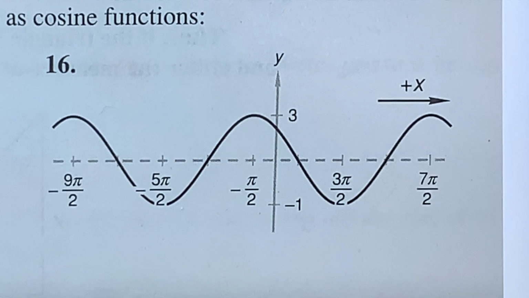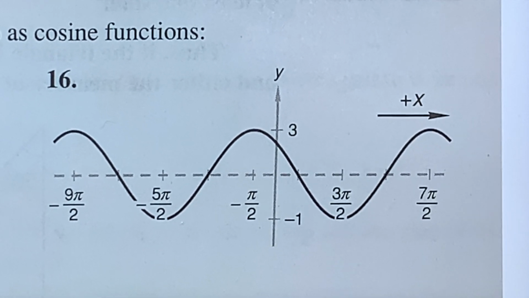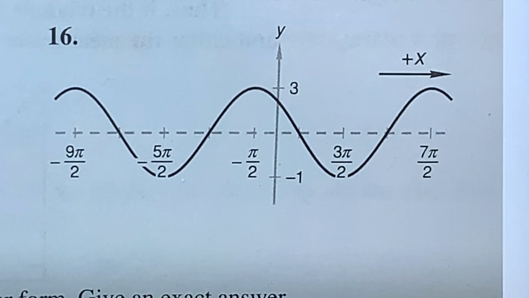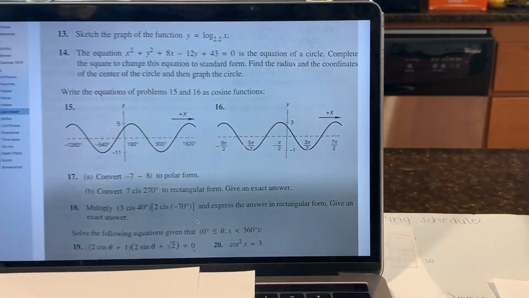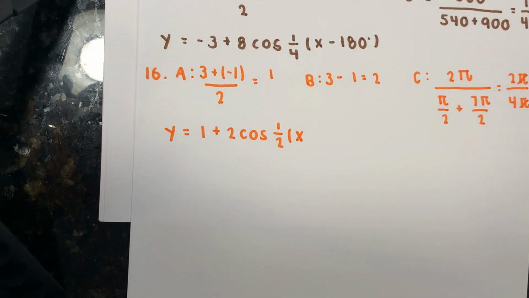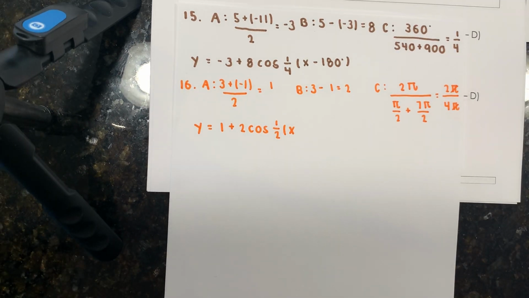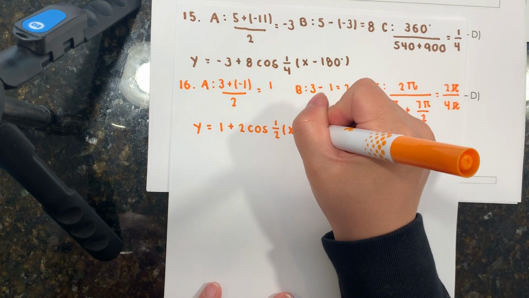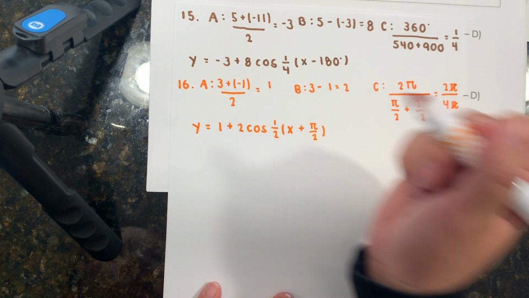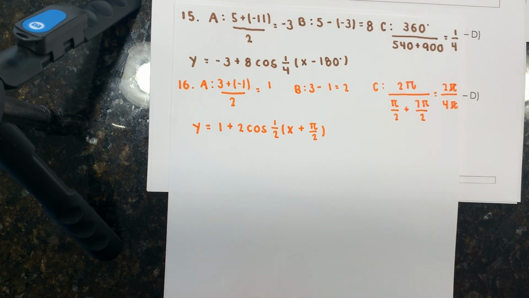So that means I need to move this over in the positive direction, to the right, pi/2. So my answer is just going to be x plus pi/2, because that's how many radians I want to shift it, and that would be your answer for number 16.